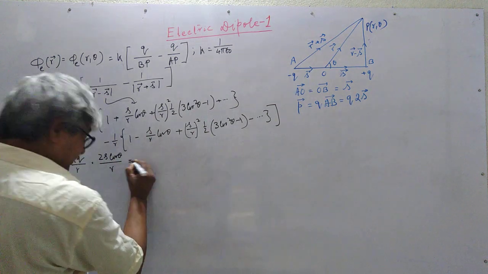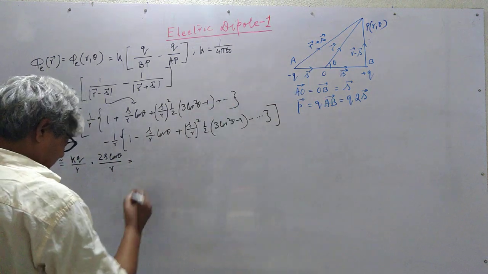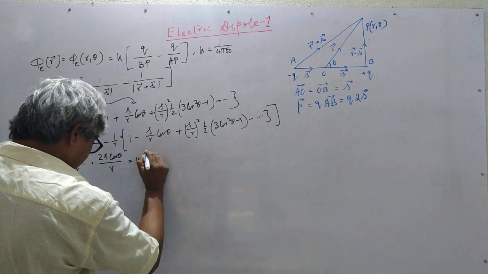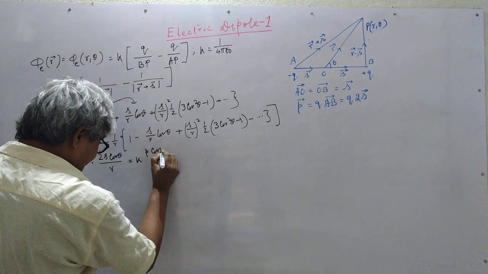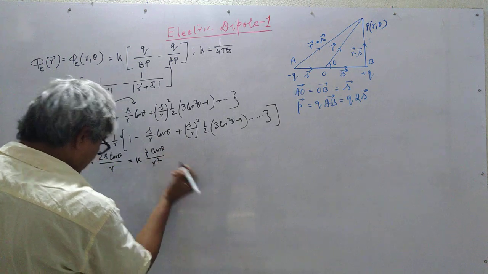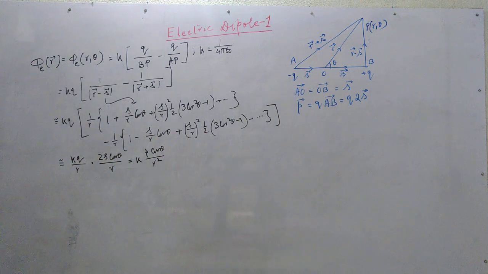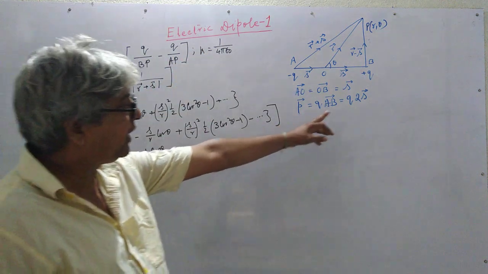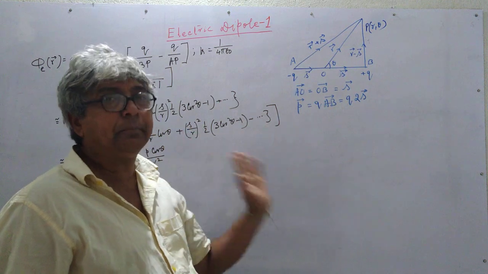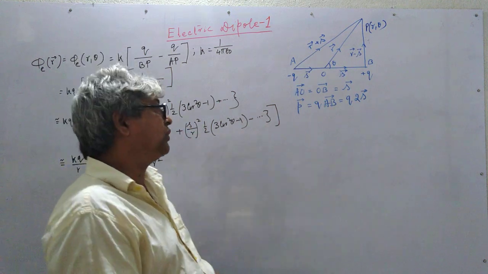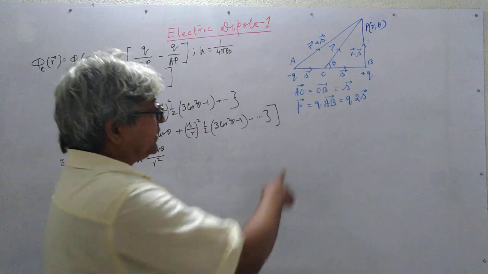This can be written in terms of p as kp cos theta by r square. But p is the electric dipole moment. It is found that in the discussion involving dipoles, the terms q and s never come separately. They always come together. That's why we define it.